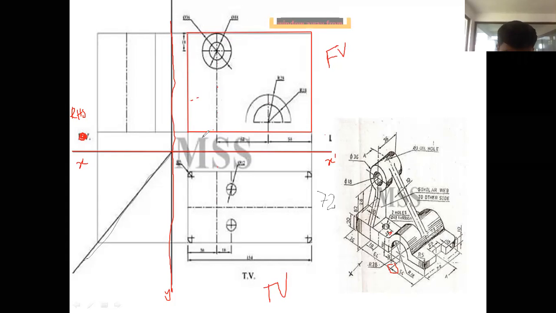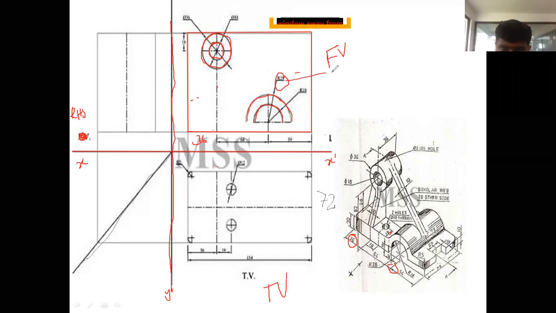At this length of 36, as you can see from the figure, exactly at the center, we have to draw these two circles in the front view, of radius 18 and outer radius 28.